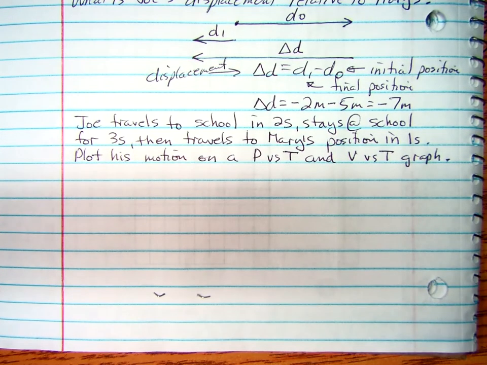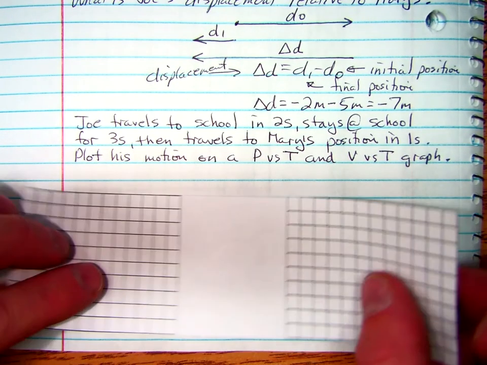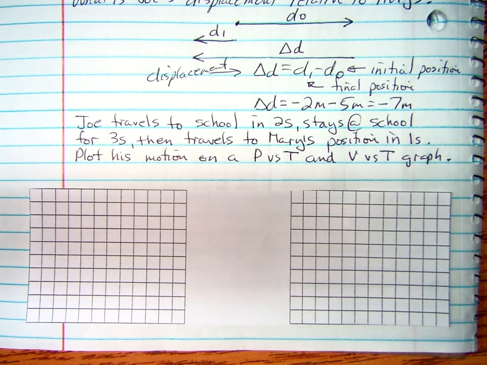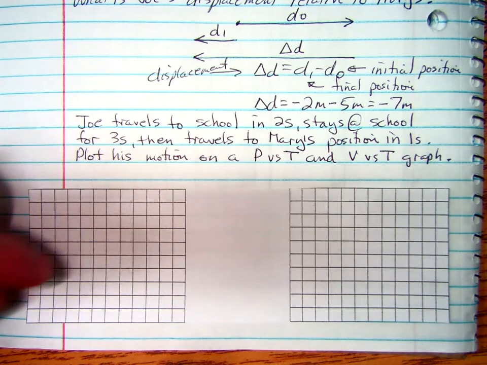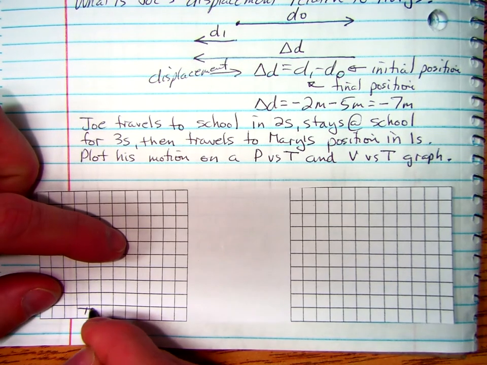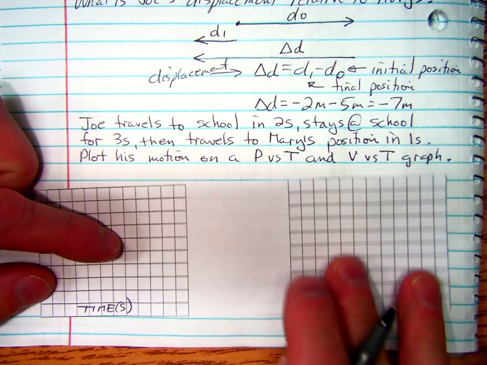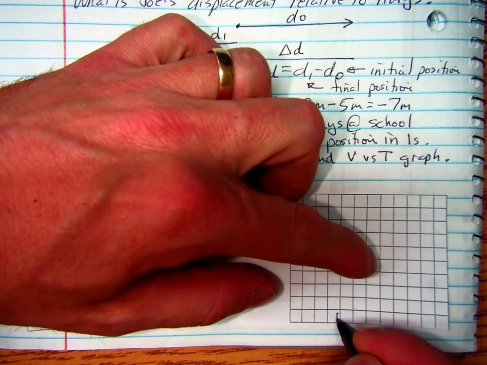So you've cut out your sheet of paper, and we're going to plot position versus time graph and velocity versus time graph. We know that time is going to be on the x-axis for both the position and velocity graphs. And so I'm going to go ahead and write those in.